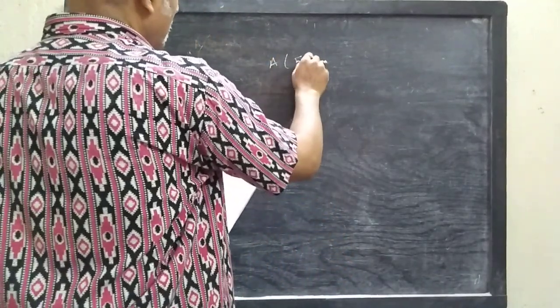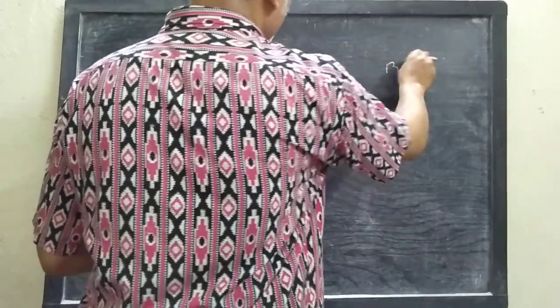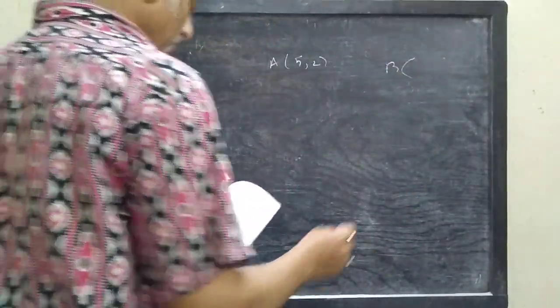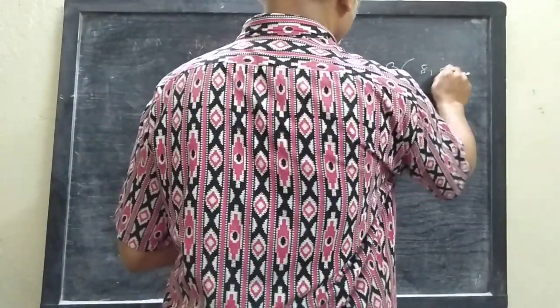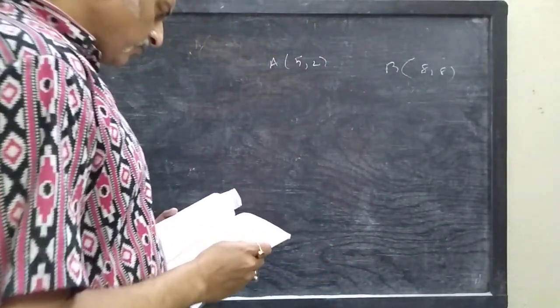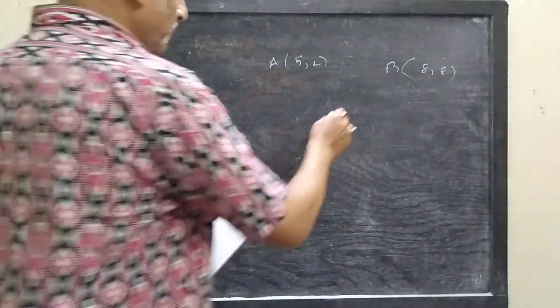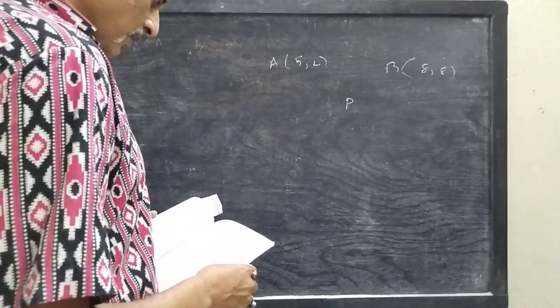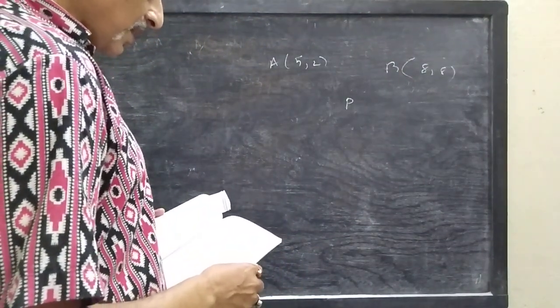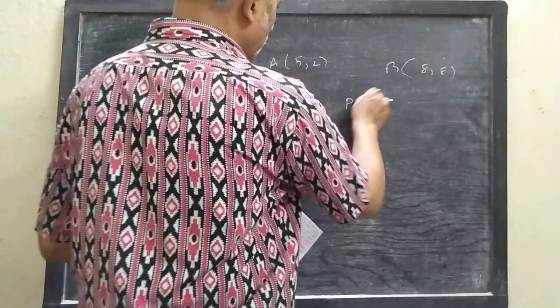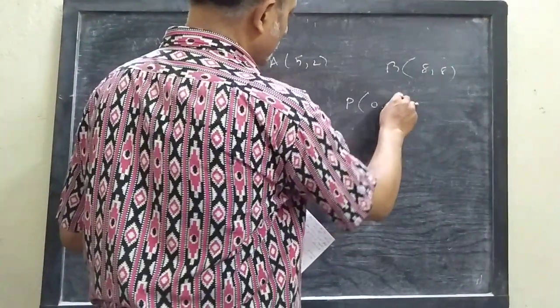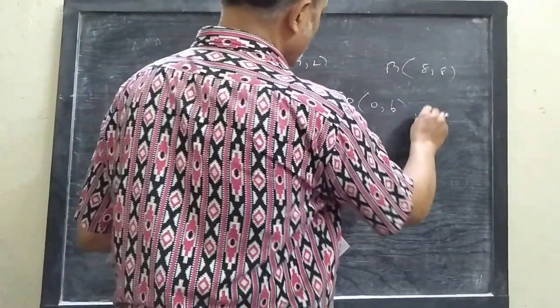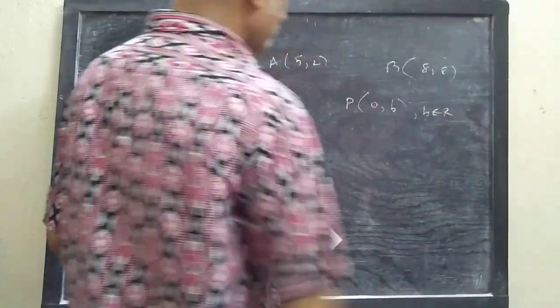One is A (5, 2), another is B (8, 8). And you are asked to find the coordinate of a point P. The feature of this point is it lies on y-axis. As it lies on y-axis, its abscissa should be 0 and ordinate say b. b is any real number.